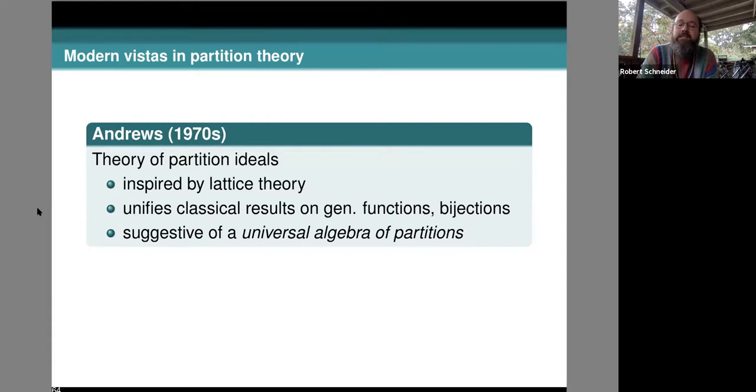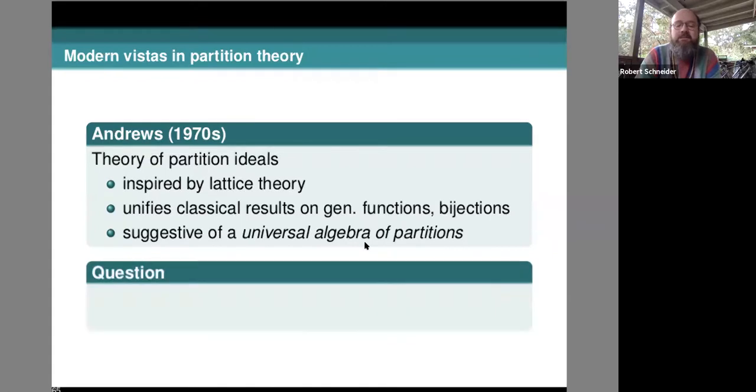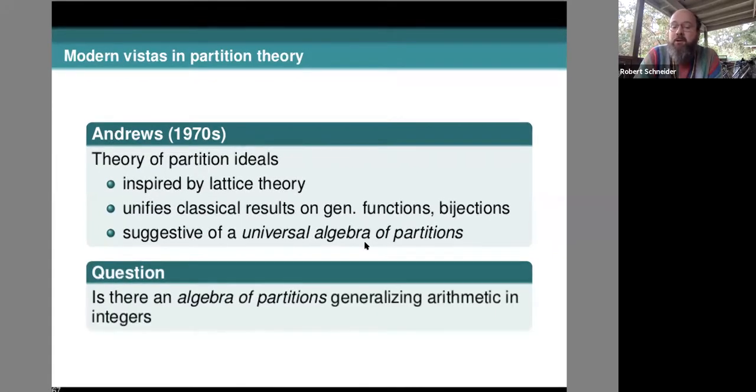And it kind of is suggestive of a universal algebra of partitions, just like we have an algebra in other mathematical fields. I don't mean fields technically, I mean in other mathematical realms. We have different kinds of arithmetics and algebras. One wonders, is there an algebra of partitions that generalizes arithmetic in the integers?